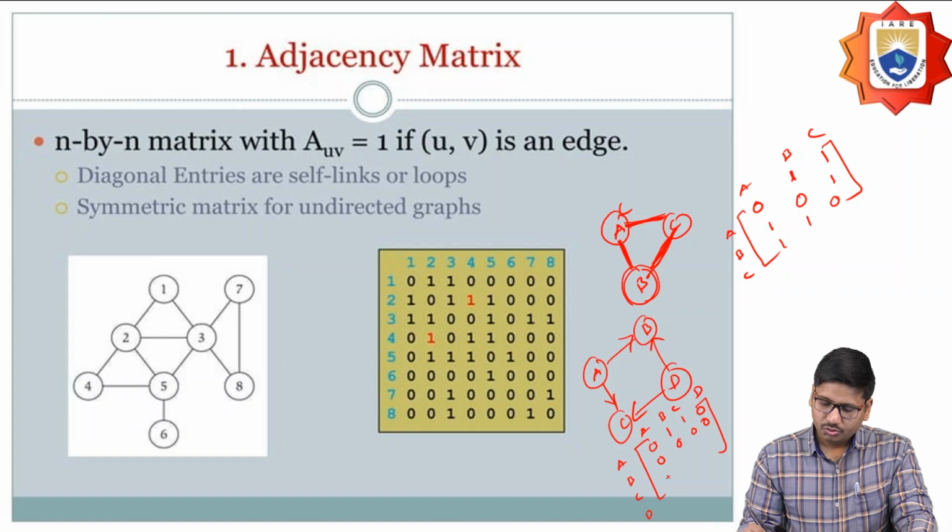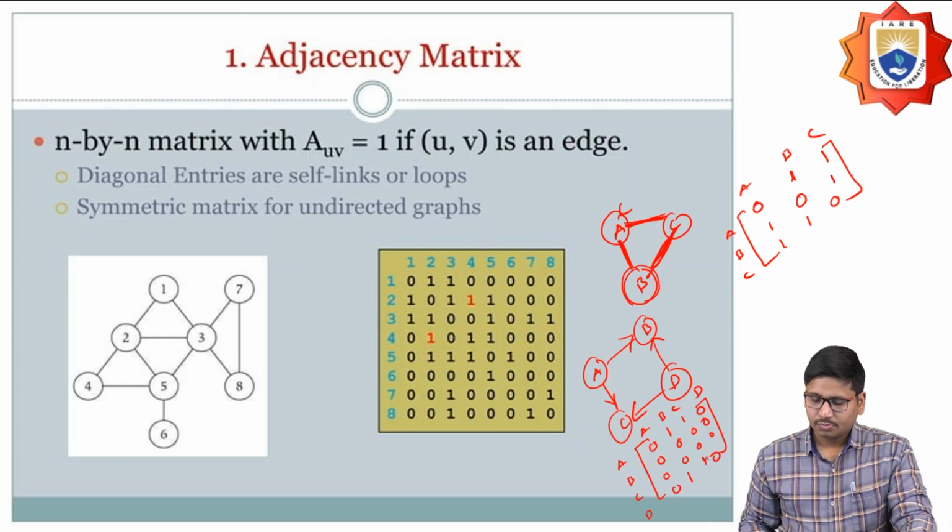For C also there is no edge, and D has edges to B and to C. So this should be the adjacency matrix here.